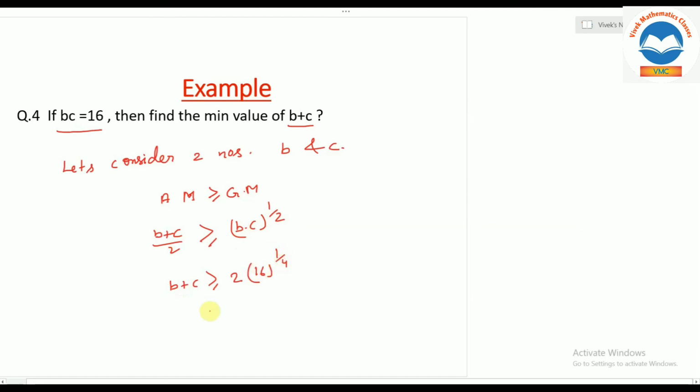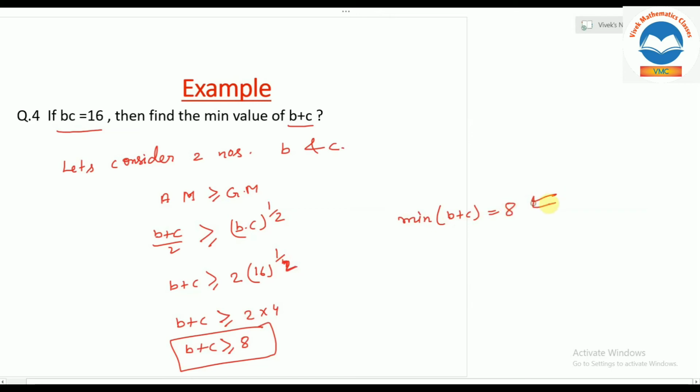What will be 16 to the power 1 by 2? It will be 4. So you will get 2 into 4. So this B plus C will be greater than or equal to 8. It means the minimum value of B plus C will be 8. This will be our answer.